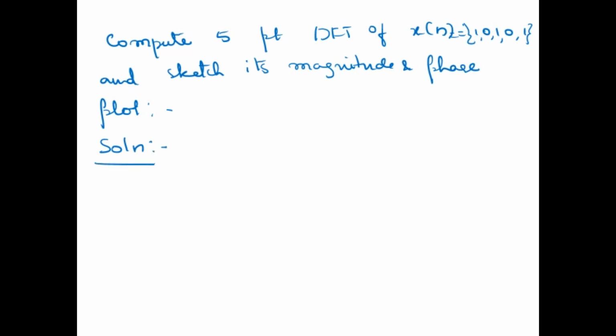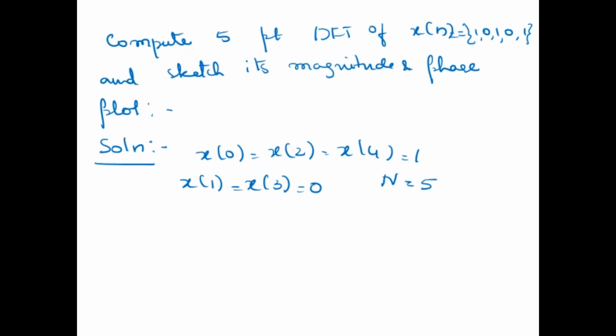It is given x of 0, x of 2, x of 4 are ones, x of 1, x of 3 are zeros, with n is equal to 5.